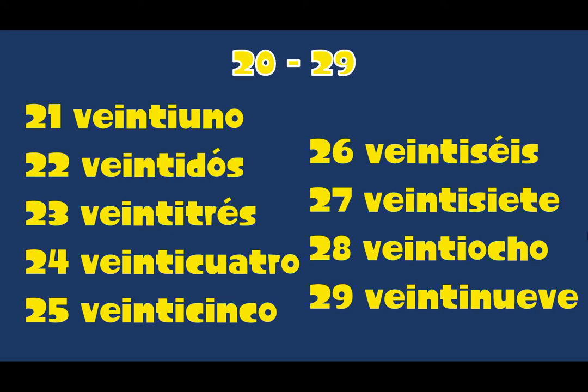We're taking the base 20 and connecting it to its digits, 1, 2, 3, 4, 5, 6, 7, 8, 9. We're connecting them with an I, in this case meaning and. One more time. 21, 22, 23, 24, 25, 26, 27, 28, 29. Muy bien.